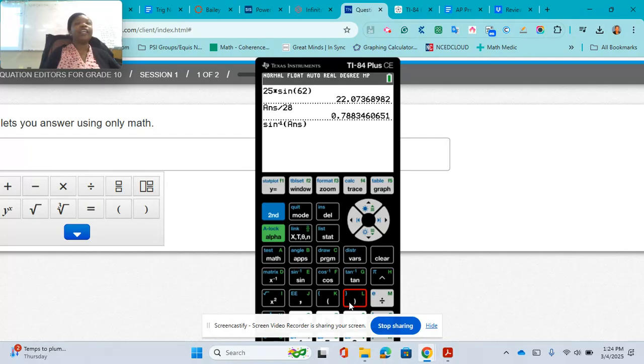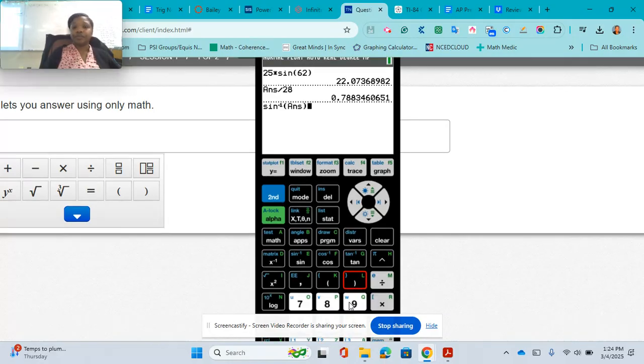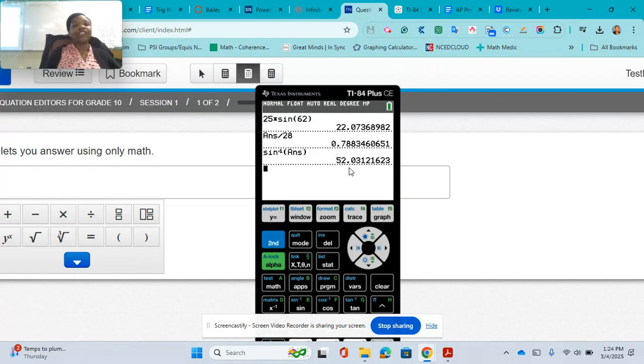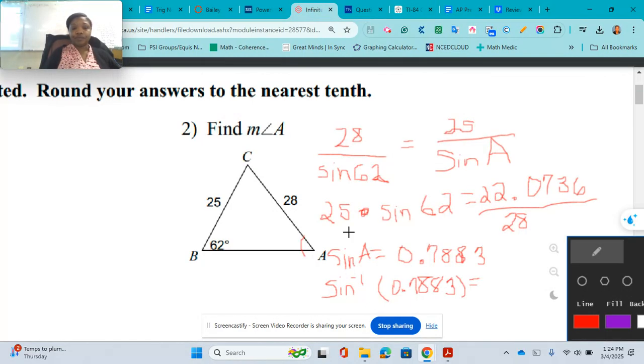That will make sure I don't leave out any decimals. Enter, and my answer is 52.03.